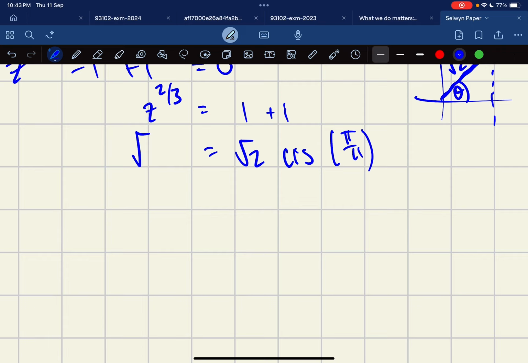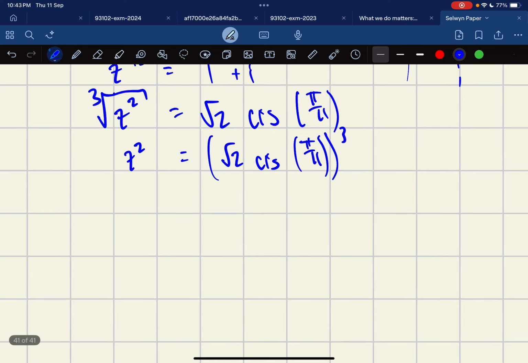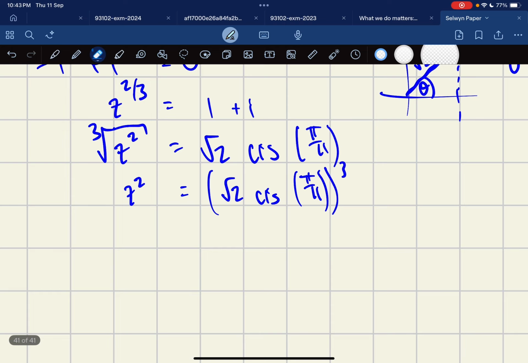You can rewrite this as the cube root of z squared. So we can cube both sides first. So we have z squared is equal to root 2 cis of pi over 4, all to the power of 3. Yeah, so you can cube it first.